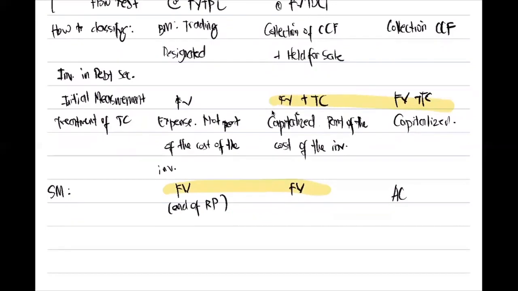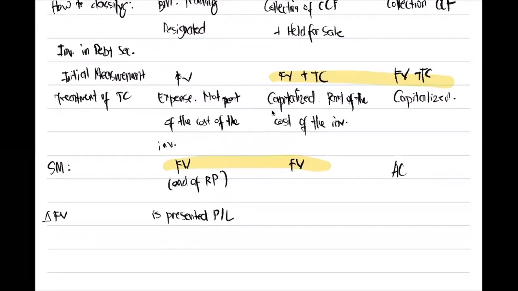So since it is subsequently measured at fair value, therefore, we look at the changes in fair value. How do we treat the changes in fair value in your FVTPL? The change in fair value is presented in profit or loss. So how do we compute for your change in fair value?